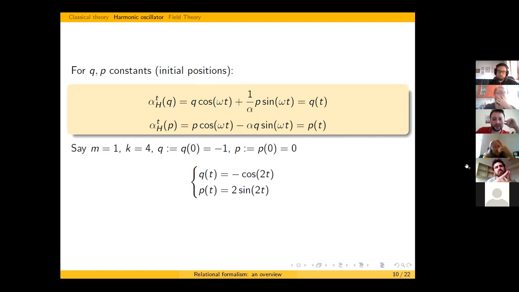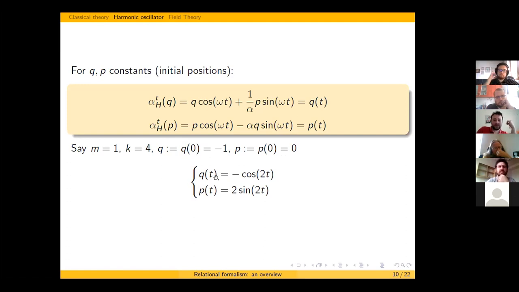Now, just to make a picture, say that, for example, the mass is 1, the spring constant is 4, and the initial position is -1, and the initial momentum is 0. So basically it starts from -1 and goes rightward till the point +1 position, and so on and so on. So we know the dynamics of this system.